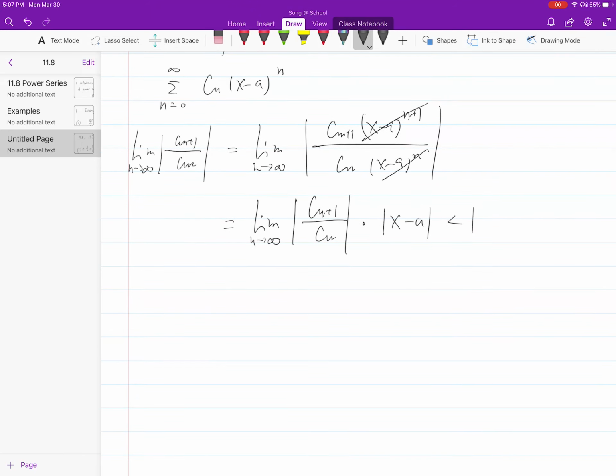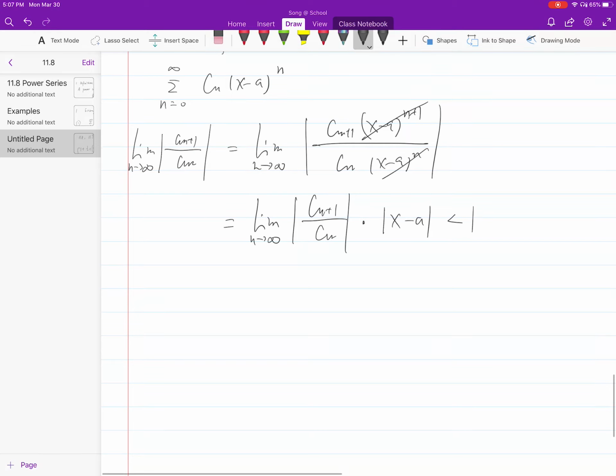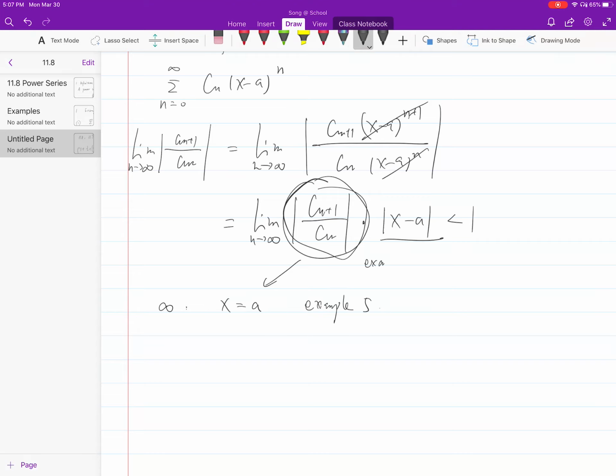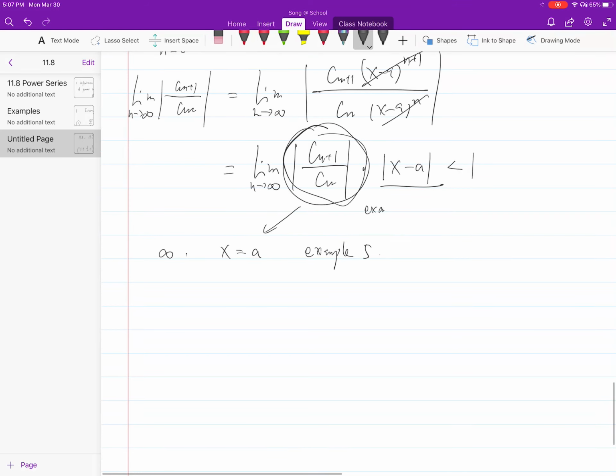Then what can happen? Well, several things. First case, this part is infinity or divergent. Then basically nothing converges except for x equals a, which means you have a 0 here. As long as this part becomes infinity, nothing will happen. For this you can see example 5. I don't want to switch back and forth, so this will be the case. Now that happens when this happens.